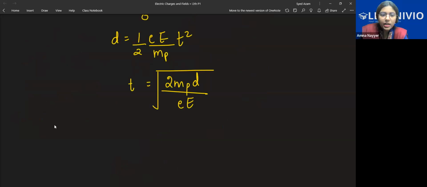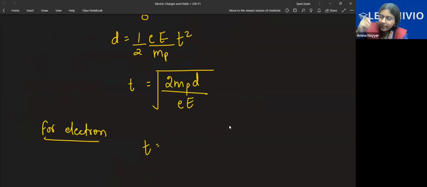Now for electron, I am not writing the entire thing again, but see, for electron, we'll perform the same steps. Same as the distance. Do you think in electron, or just tell me class, for electron, when electron reaches the opposite plate, what do you think should be the change in this? Or this should be exactly the same for electron also. Do you think any change in this formula?